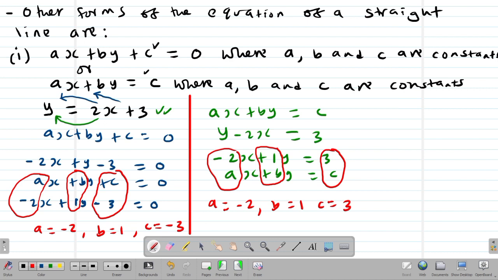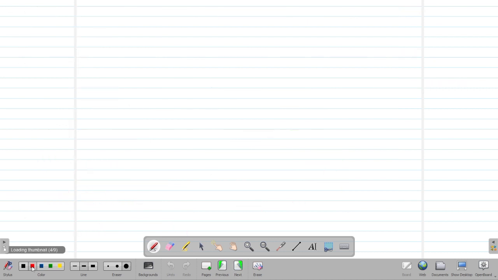Then we look at the second format of the other form of the equation of a straight line. So the other form, which I'm calling Roman 2, the equation of a straight line can also be given in the form x over a, then of course plus y over b being equal to 1.